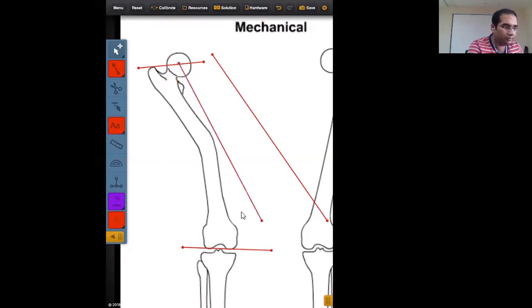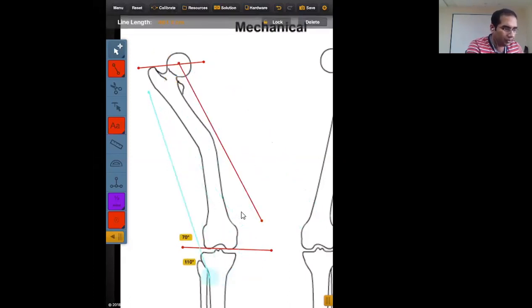So now I will draw the reference line of the distal femur. It is 88 degrees. Look, this axis has joined in a part in the femur.